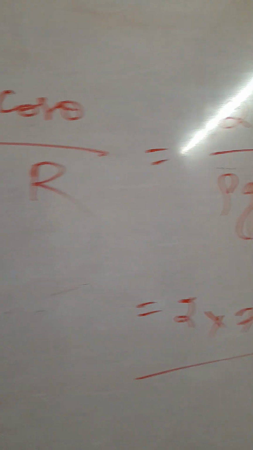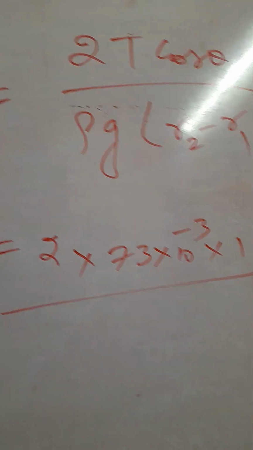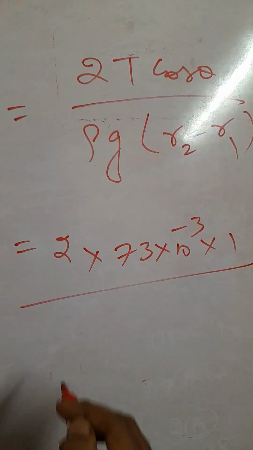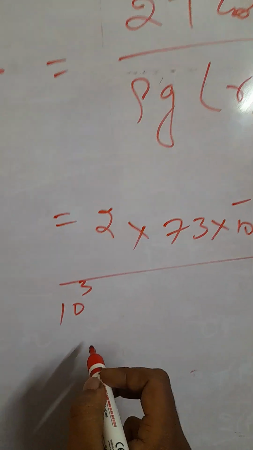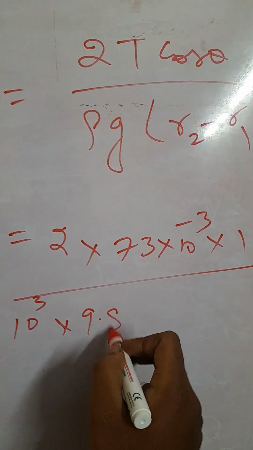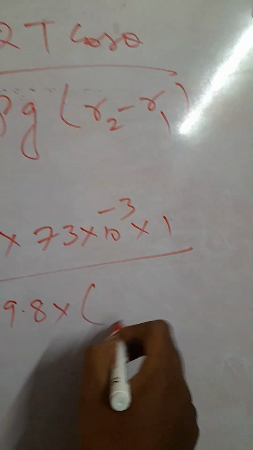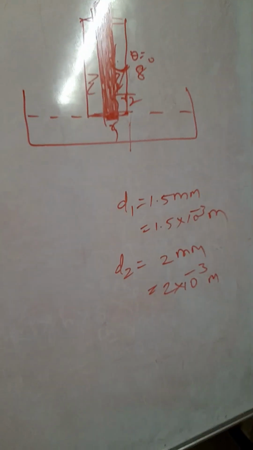Here in the question they did not mention the density, but we already know the density of water is 10 power 3 kg per meter cubed. So 10 power 3 into the g value, we'll take as 9.8, into R2 minus R1. But in the question they gave D1 and D2.